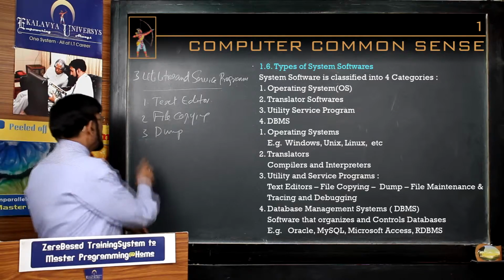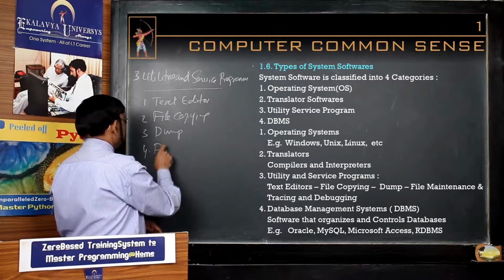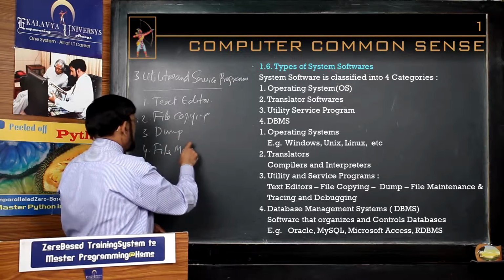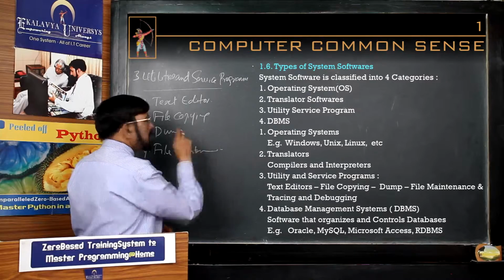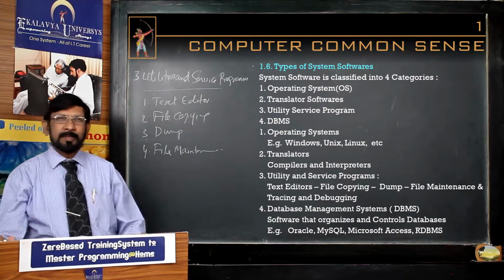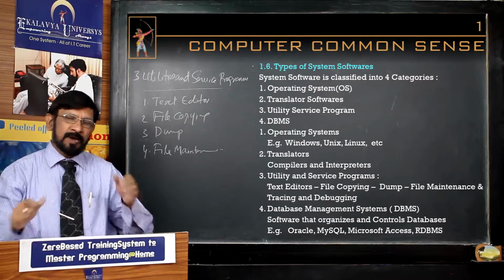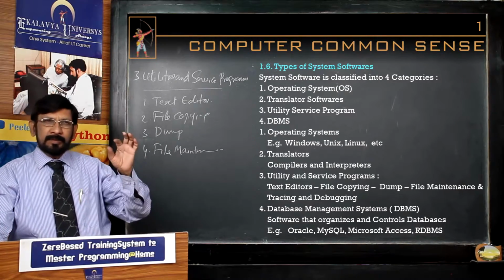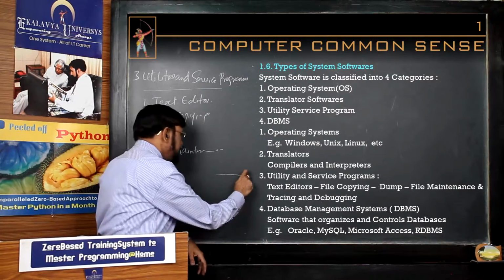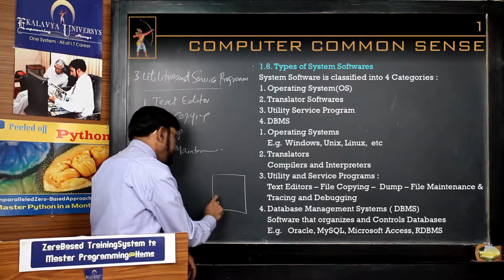Next is file maintenance. File maintenance means actually a file. You may loosely use the term file. A file is a named memory location.